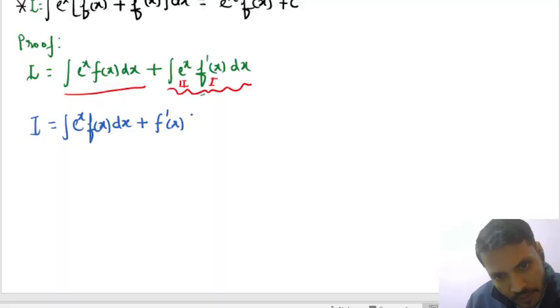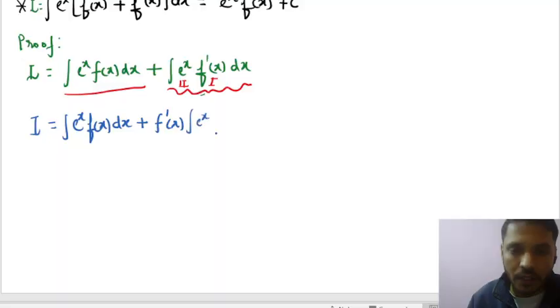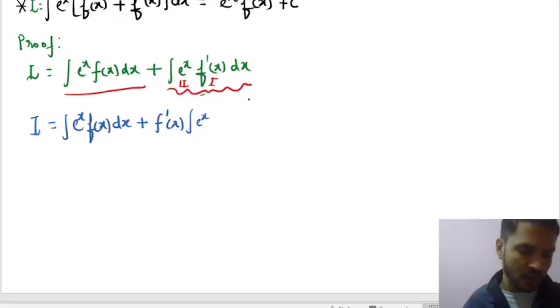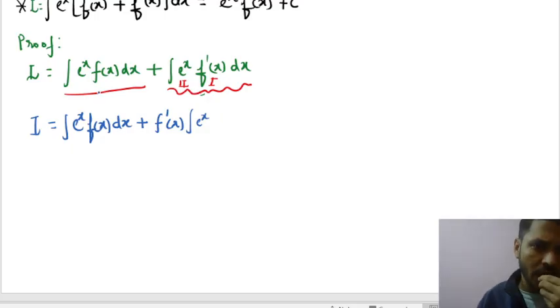and then it will become integration of the second function, that means e to the power x. All right, e to the power x, but f dash of x we want to cancel. So how will this f dash of x come? So let's see. Here I think we need to take the integration of this part.